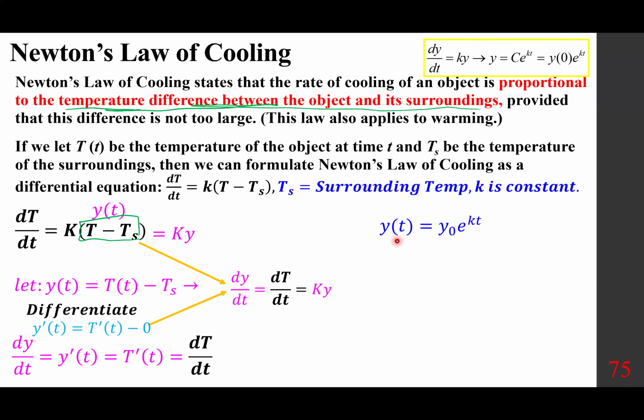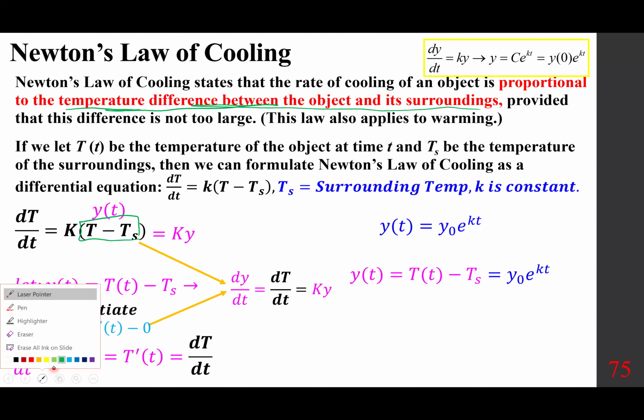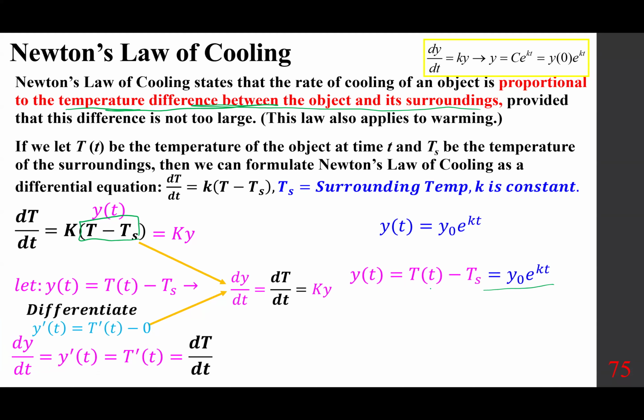If y of t is that, on the one hand, and on the other hand is T of t minus T sub s, that means T of t minus T sub s is y sub 0 e to the power of kt.